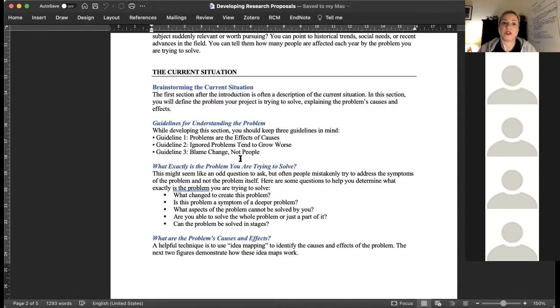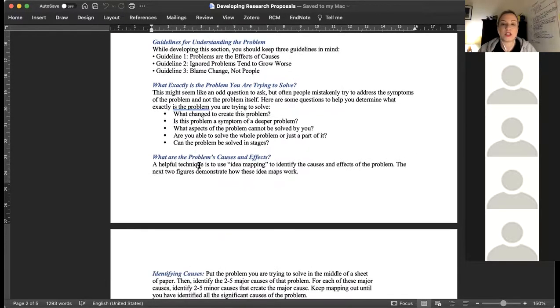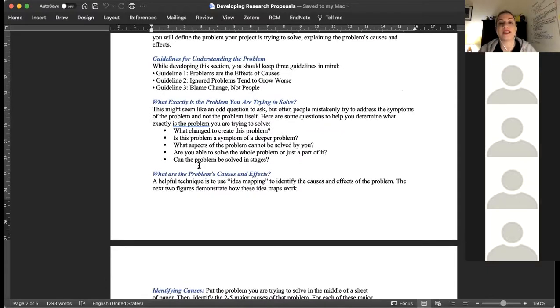The third part of the current situation would be, what exactly is the problem that you're trying to solve? This might seem like an odd question to ask, but often people mistakenly try to address the symptoms of the problem and not the problem itself. This part helps you understand the problem better when you are trying to state it.